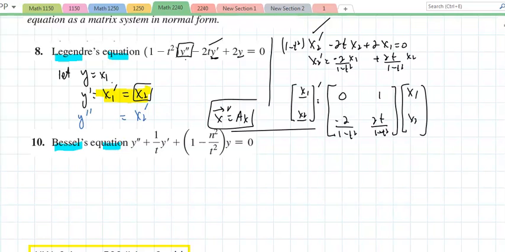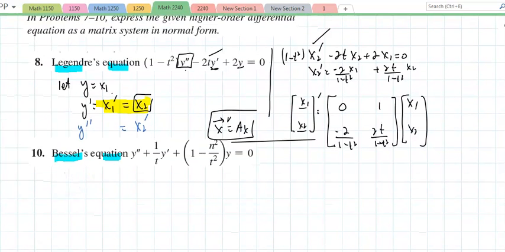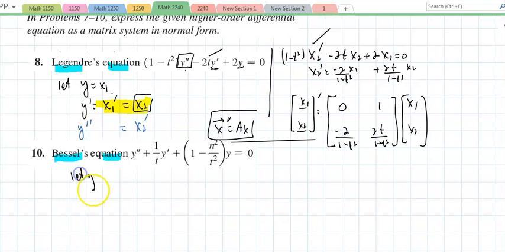So how does that work? If I really look at this, I'll always start by letting y equal x1. Take a derivative. Set that to be x2. Now look at those two. If I take a derivative of that, wouldn't that be x2 prime?